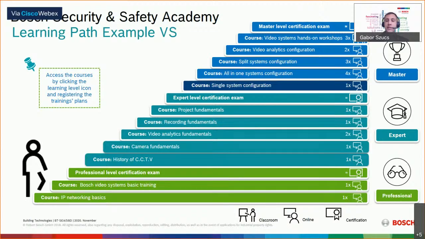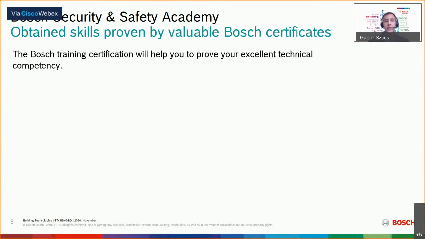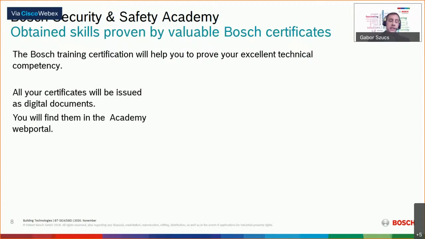So please use it. Beside every single training type, you will see an exact learning path, what kind of modules are implemented, and the way of reaching the required skill you need. The end result is a certification, which is always an e-certification, and it will be available in your profile, uploaded for your convenience.